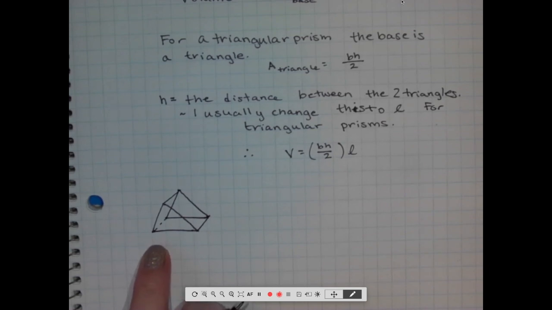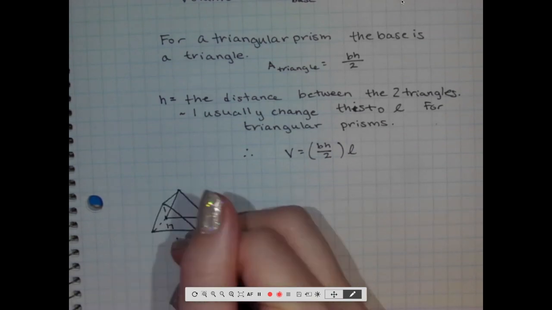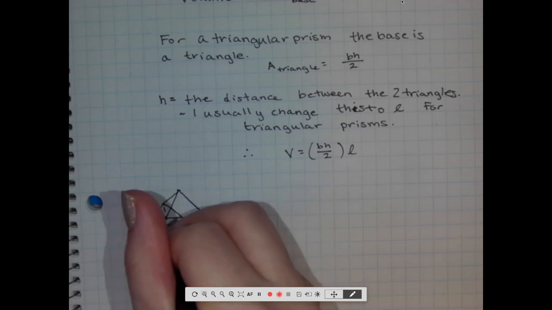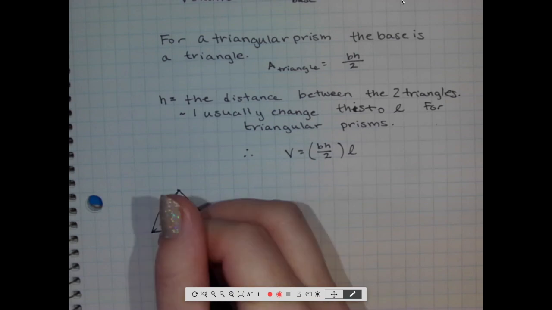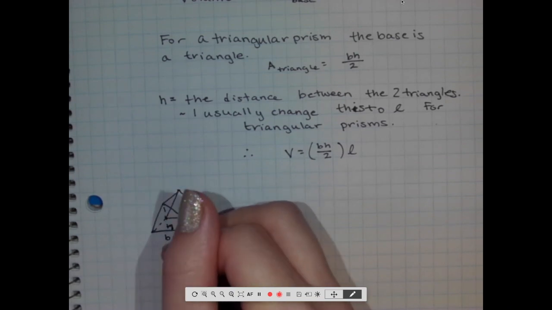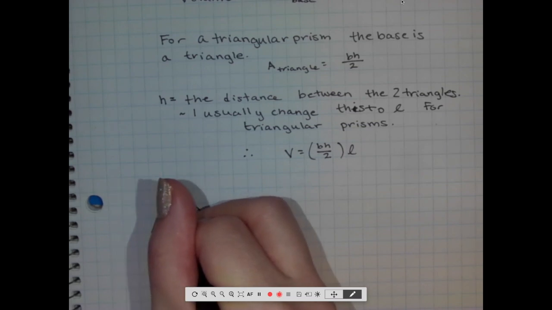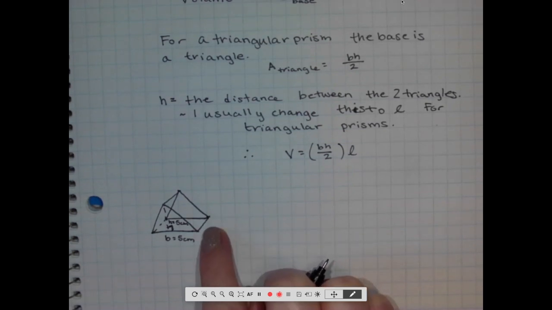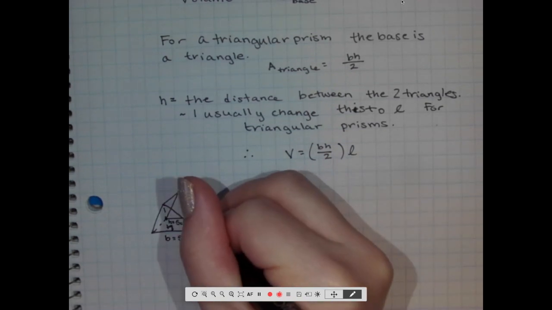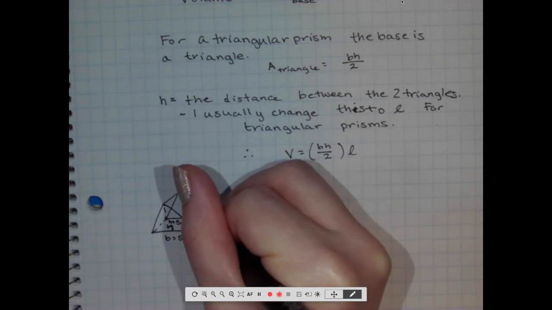So my base of my prism is the triangle. And for my triangle calculations, I have my base here, which is going to be 5 centimeters. And I have my height of the triangle, which we'll just make 5 centimeters too. So my height, 5 centimeters. And then we're calling this distance here length. And we'll make that 5 centimeters because we're keeping it simple.